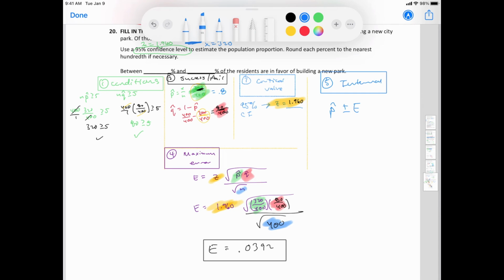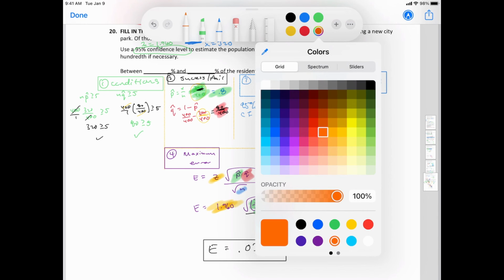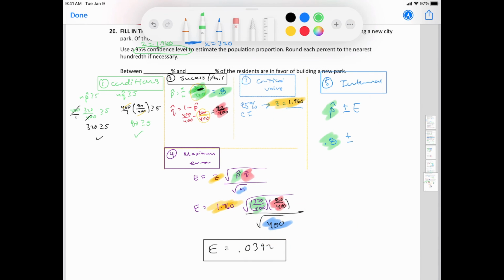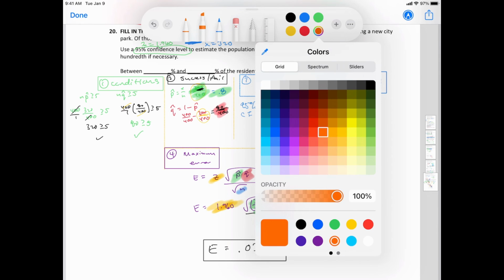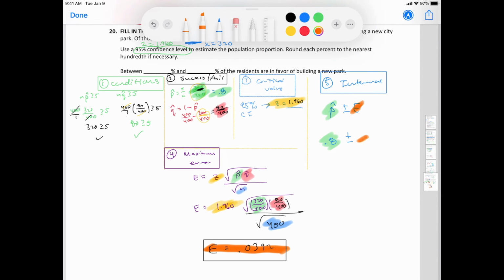So I could use 0.8 plus or minus the e value, which we just found. Now you can separate the plus or minus.